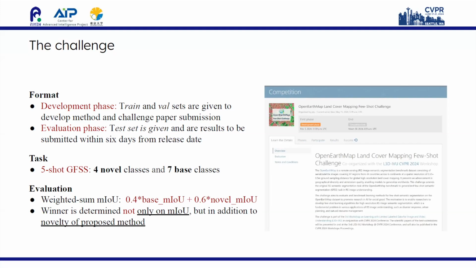And for the evaluation, commonly it's only averaging the base classes and the novel classes. But we thought that in practice that may not be fair. So we decided to go by a weighted sum, based on 40, 60.